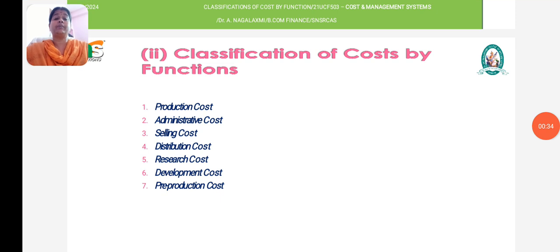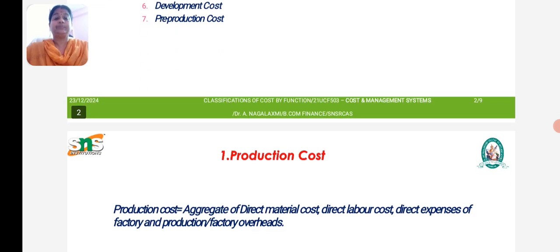On what basis of functions is the cost incurred? One is production cost, administration cost, selling cost, distribution cost, research cost, development cost, pre-production cost. So there are 7 types of cost classification by functions.